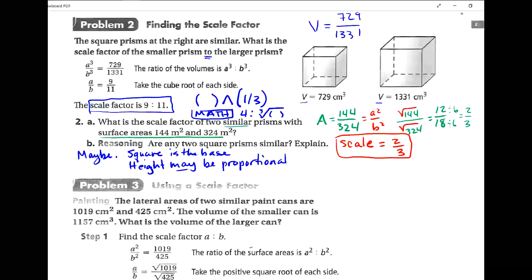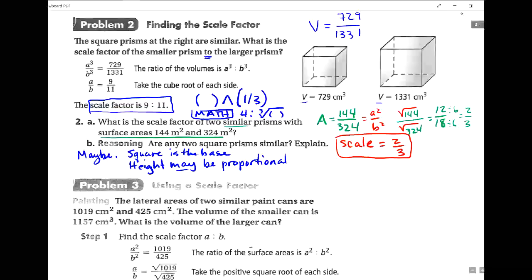So to get my scale factor, I'm going to square root both of those. I recognize 144 as a perfect square. And 324 happens to also be a perfect square. I get 12 over 18. I can reduce those to 2 to 3. So my scale factor is a 2 to 3 ratio.